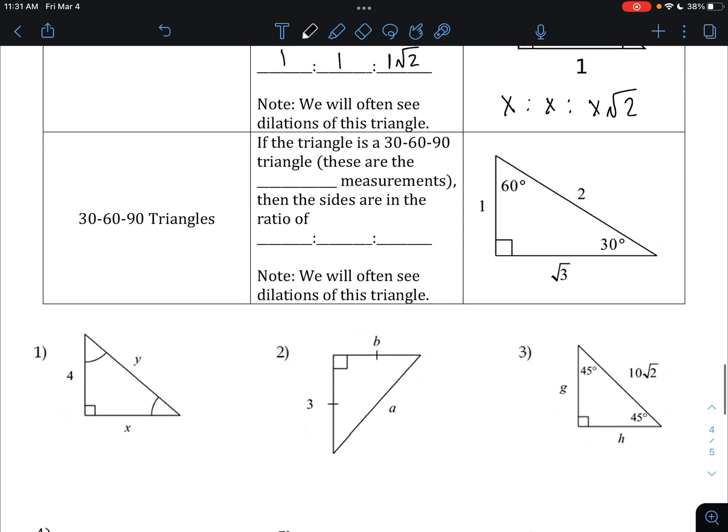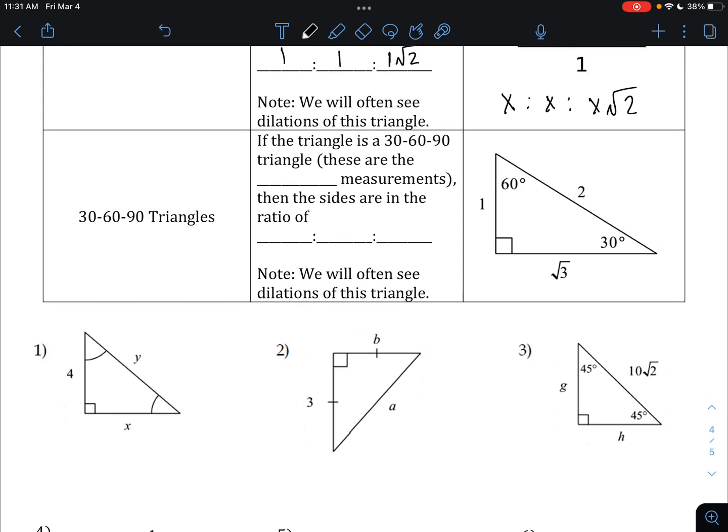On example 1, I'm given a 45, 45, 90 triangle. Now, this doesn't tell me that it's a 45, 45, 90. I have to recognize that for myself. But I can see that these two angles are congruent, and this is a right angle. So those two angles have to be the same, which means there's 90 degrees divided by 2, so they're both 45.